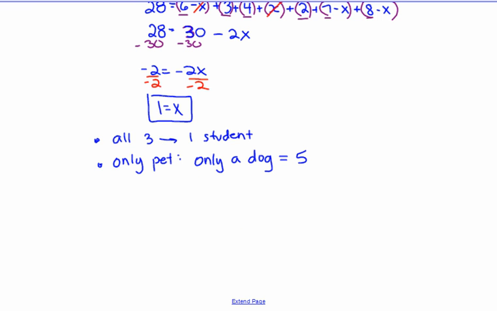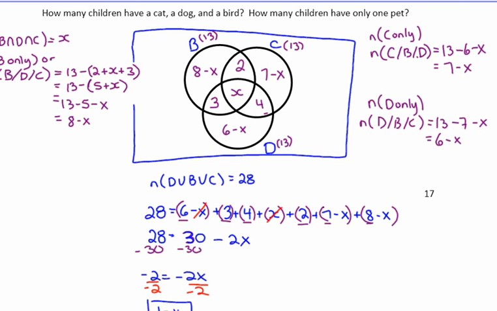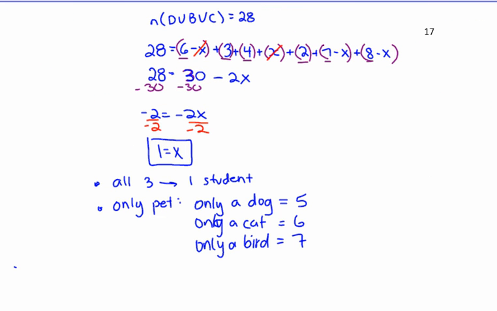Okay, how many had only a cat? 6. How many had only a bird? Bird, 8 minus 1 is 7. Okay, so the sum of that is 7 plus 6 plus 5, or 11 plus 7 is 18, had only one pet.